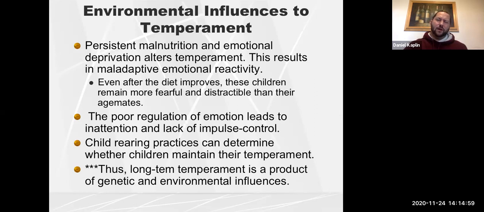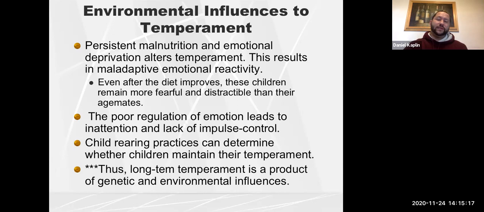And we talked about catch-up growth as a physical thing. But what's interesting is that persistent malnutrition on an emotional level may linger longer than physical growth. So that's important to note.